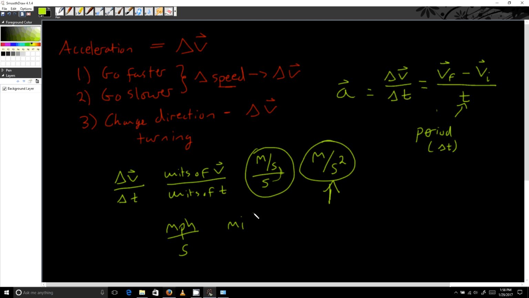Or I could rewrite it like this, so it would look like the metric version, miles per hour per second. That's a perfectly valid unit for acceleration as well, because we have a velocity component and we have a time component that are being divided together, and velocity over time gives us the acceleration.